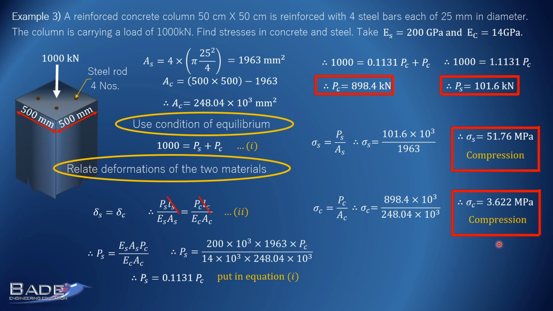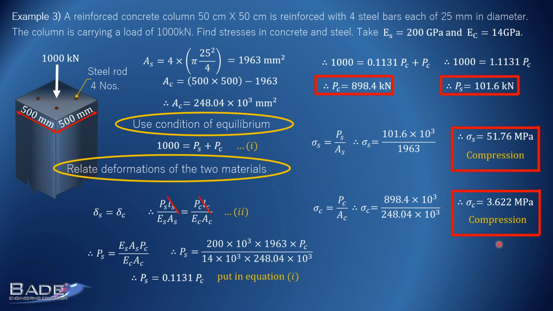And the third type of problem: the member is not in existence at all. That means you are designing the member. How much load that member should carry will be known to you. So the load that is going to come on the member you know, and now you decide the cross-sectional area of the member. But of course you must know the material properties, the safe stress in the material.